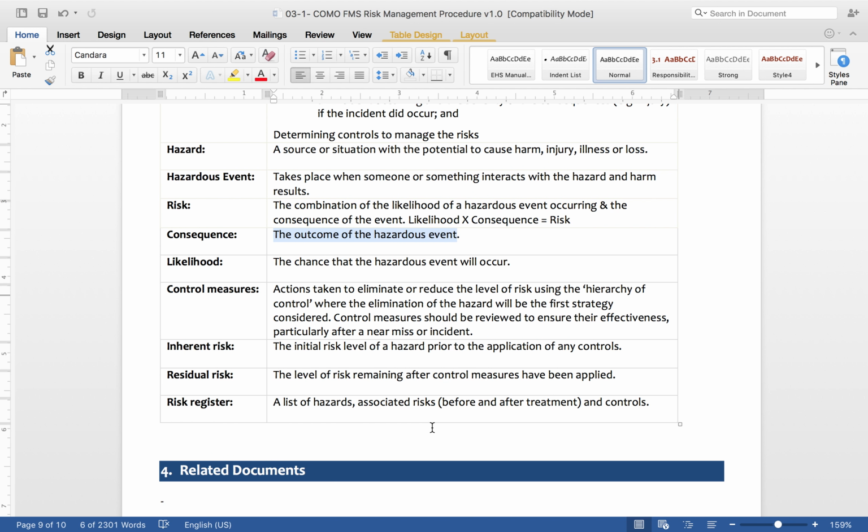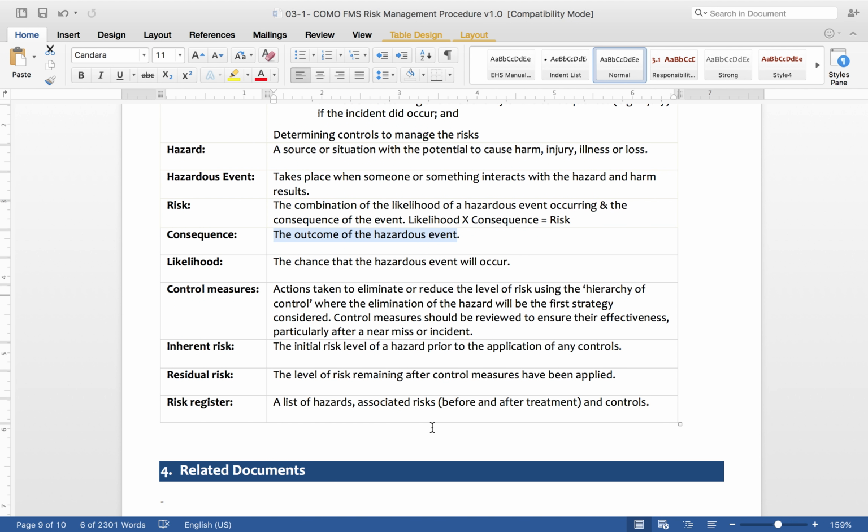Now, residual risk, because we believe that we could not definitely remove hazards. Even after we have applied training, safe systems of work, proper tool maintenance, PPE, and administrative controls, still there will be risk.